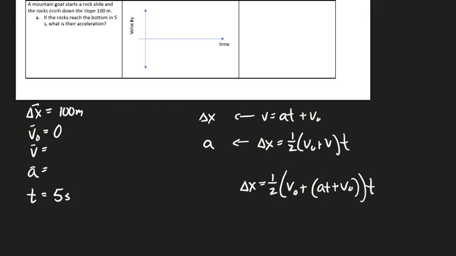Now, I know if you guys are new to this it's a lot perhaps, but I can expand that. Inside here in the parentheses, I'm going to get AT plus 2 V naught.